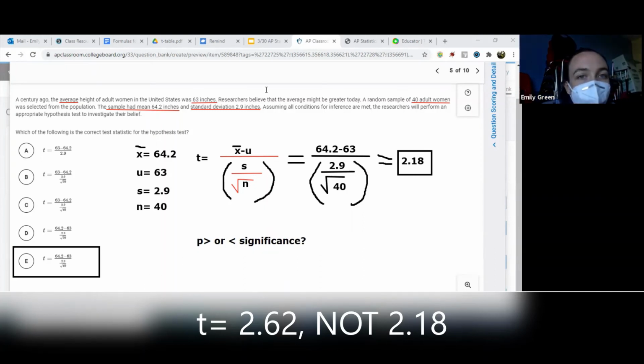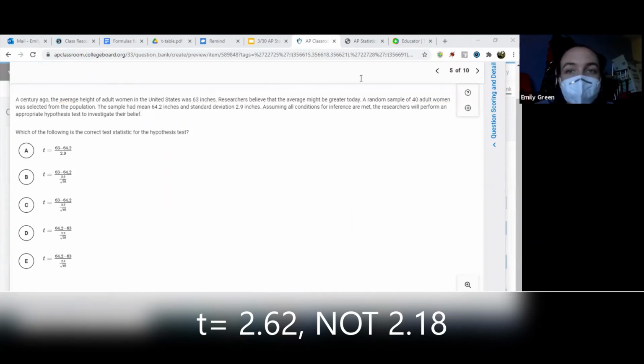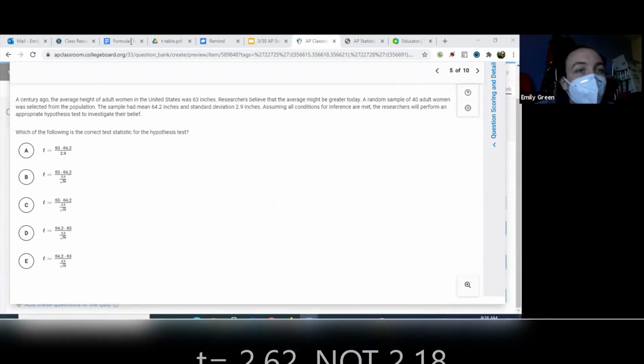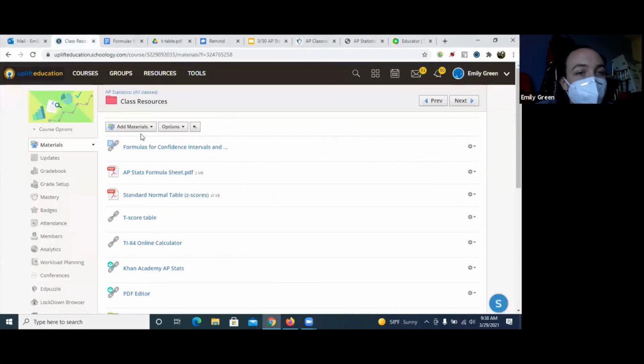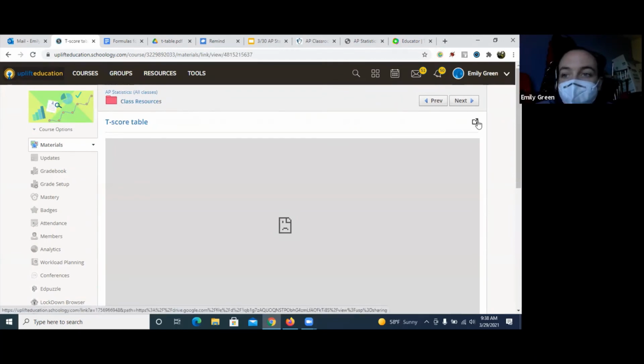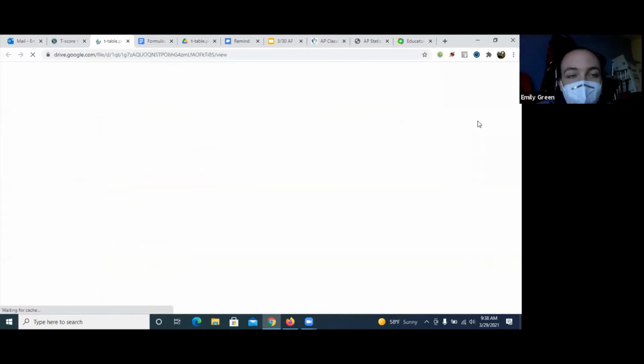If I want to do that, I'm going to use my other resource that I have for you today. So I'll clear this. Go back to class resources. And if you look in here at the t-score table, and you might have to click to make it go out to another page to show up.